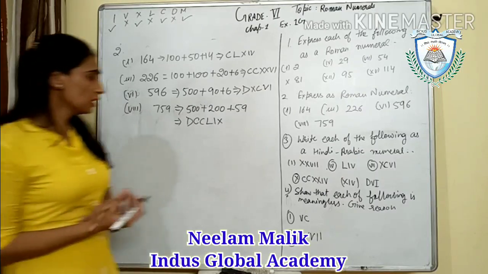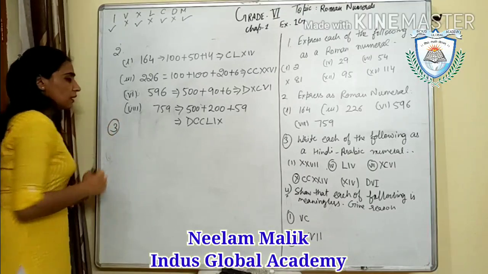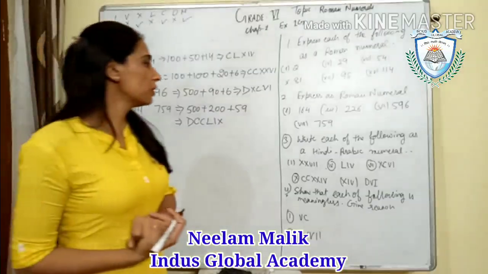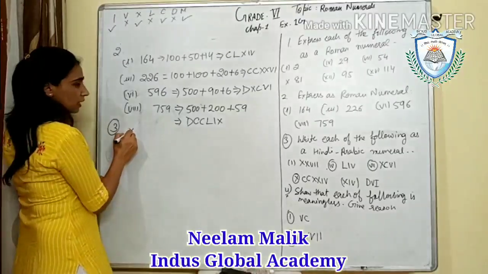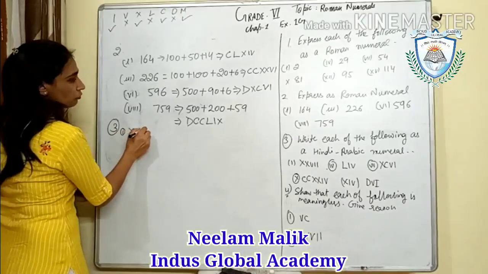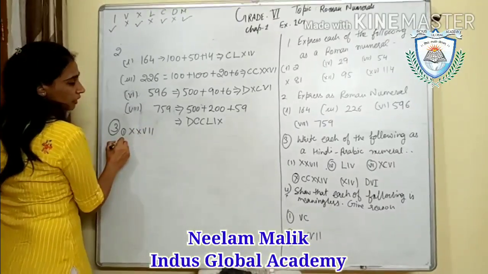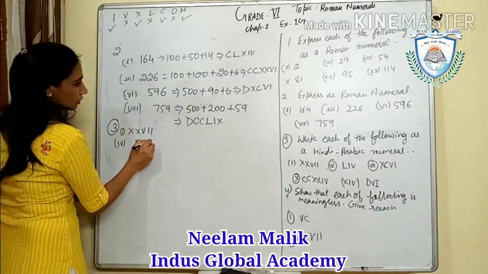Okay. Question number 3. Write each of the following as a Hindu Arabic numeral. So what have I taken here? I have taken the first part, that is XXVII. Then the fourth part, that is LIV.